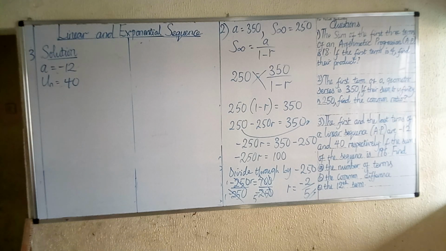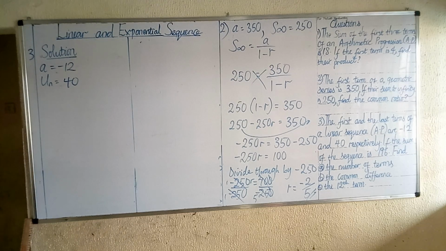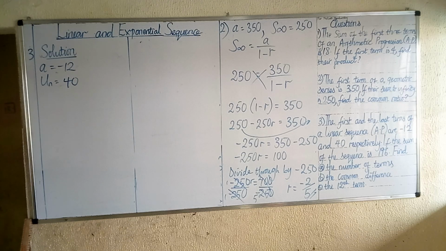What else did they give us? If the sum of the sequence is 196. Alright, let's now use these parameters.